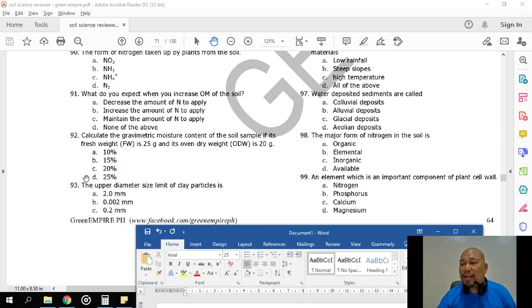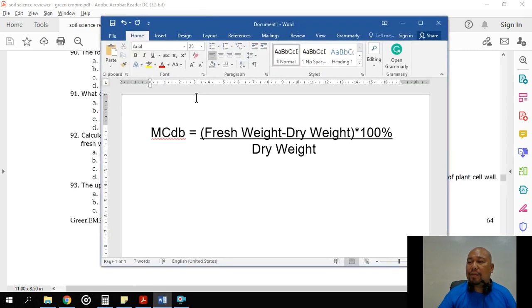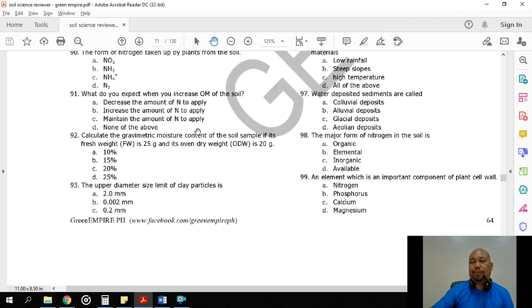So the correct answer is, the gravimetric moisture for that particular sample is 25%. Don't forget: fresh weight minus dry weight, or the weight of the water, divided by the dry weight times 100%. That's your moisture content.